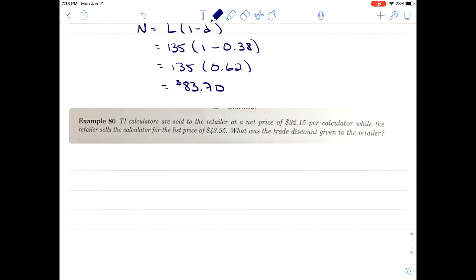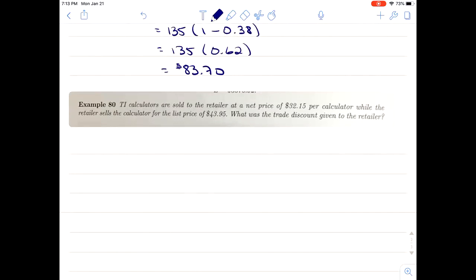So now we know the net price, while the retailer sells the calculator for the list price of $43.95. So we know the net price and we know the list price. What was the trade discount given to the retailer, right? So what is D is what we want to find.